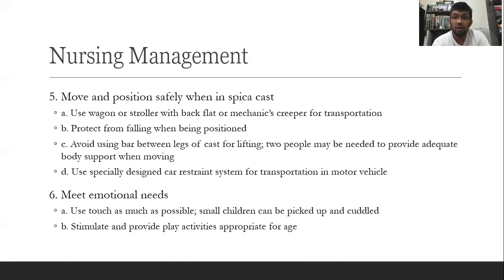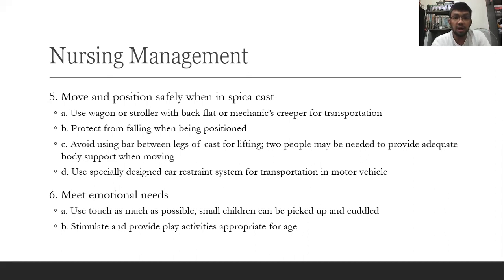So you need to monitor the child as well on the bed. Sometimes there's a tendency for children to have vigorous activity, and they can fall from the bed just with the use of their hands alone. Children at that age can be very curious, so you need to protect them from falls.